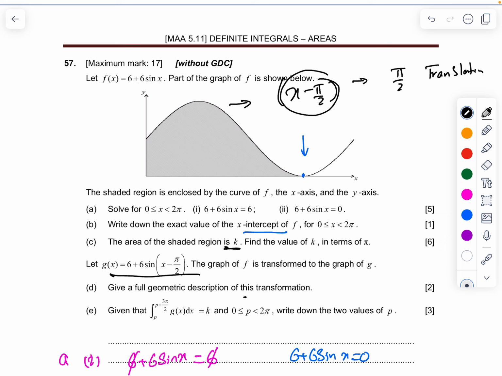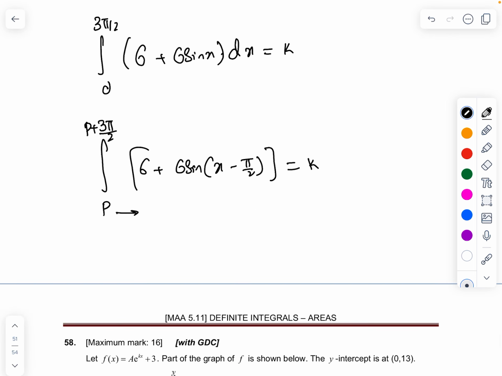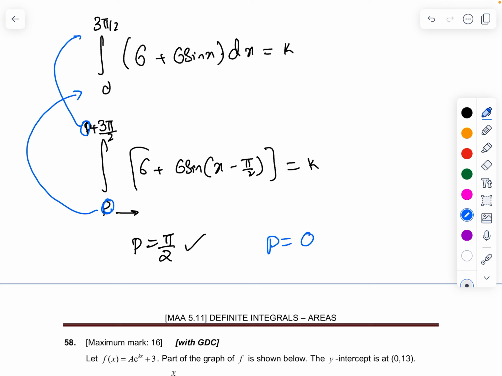So my lower limit should start from pi by 2. So the p value should be nothing but how much? Pi upon 2 is going to be the p value. And if the p value is 0, you can see that it's going to be the same limit, 0 to 3 pi by 2. It's going to be the same answer. So the p value either can be 0 or pi by 2.